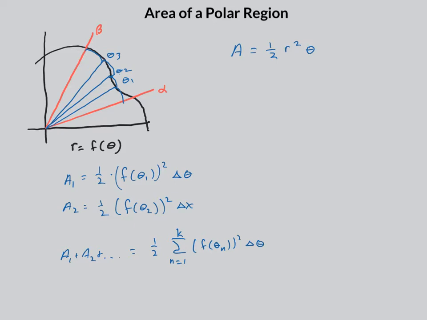As k gets larger and larger, in other words, as delta theta gets smaller and closer to 0, this becomes 1/2 times the integral from alpha to beta of f of theta, that thing squared, d theta.